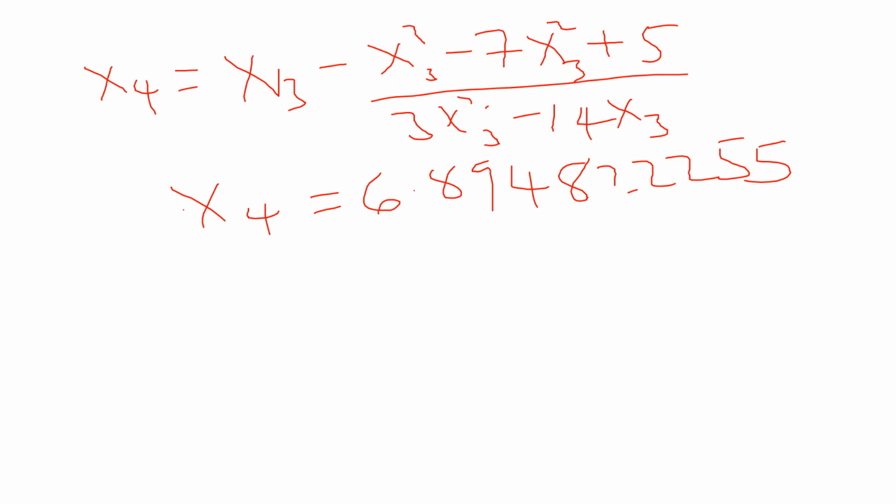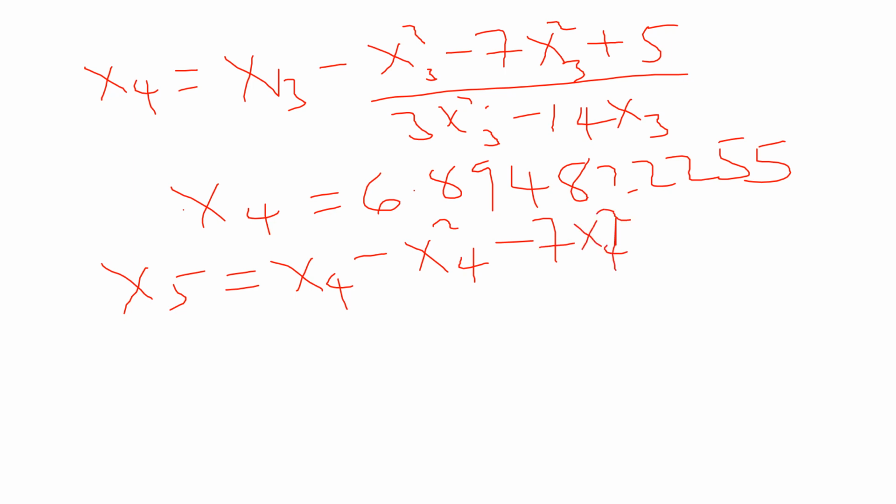Still, we can get even the fifth approximation by saying our x5 uses the fourth approximation, x4, minus x4 cubed, then minus 7 x4 squared, then plus 5, then all these we divide by 3 x4 squared, then minus 14 x4.